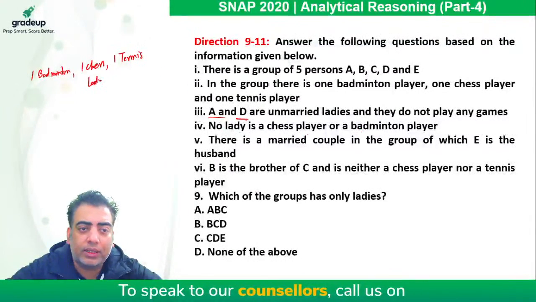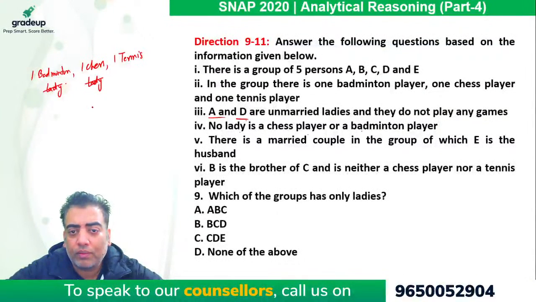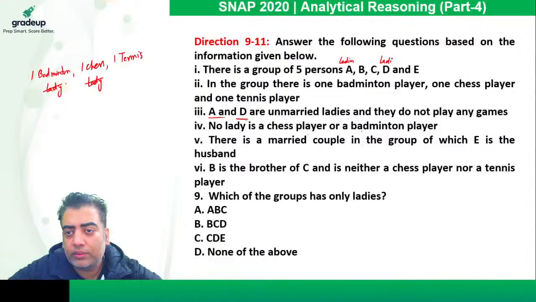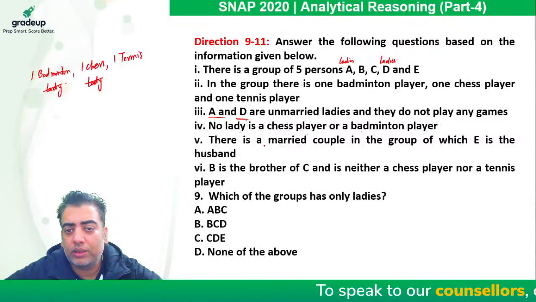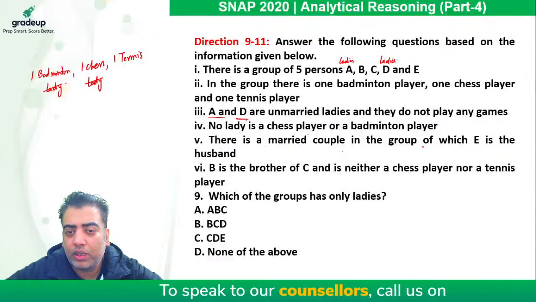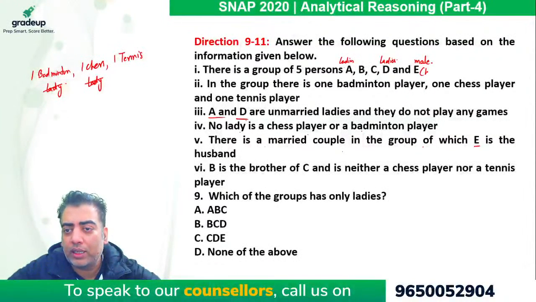No lady is a chess player or a badminton player. So we know A and D are ladies. So I'm just writing it here for reference. There is a married couple in the group of which E is the husband. So E is the male, right, and a husband.